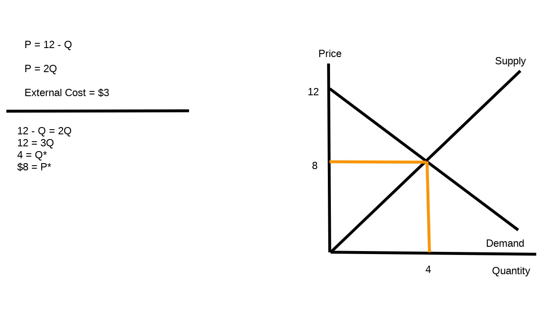Okay, so this does not account for the external cost of $3. And so we know that because there's an externality, the market outcome, which is 8 and 4, $8 is the equilibrium price, 4 is the equilibrium quantity, is not going to maximize total welfare or social welfare.